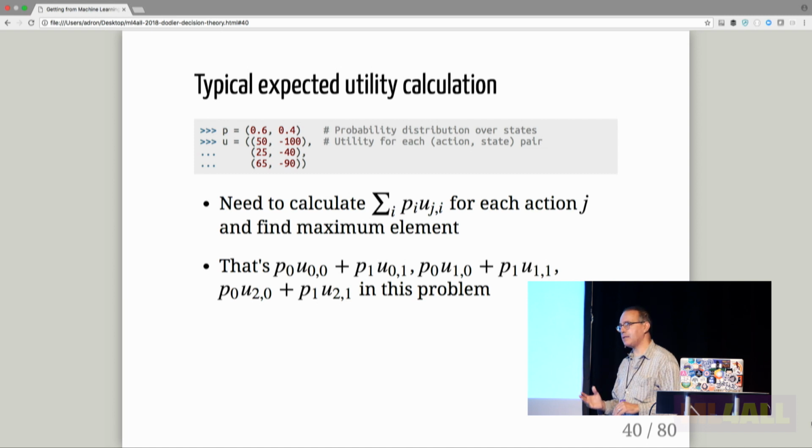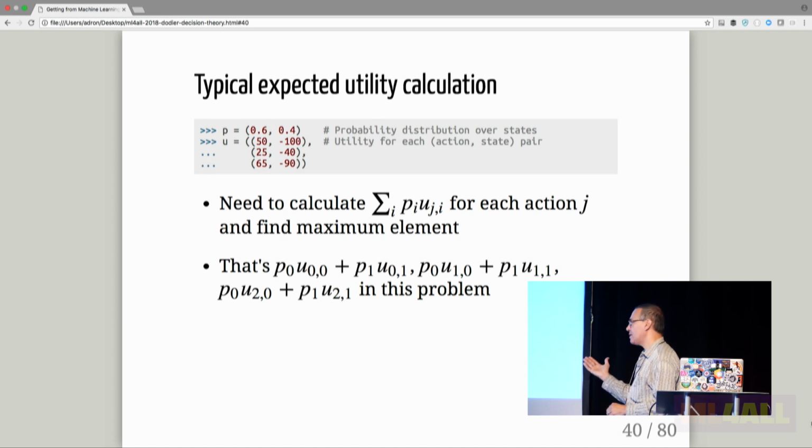So as I was saying, it's necessary to calculate this weighted sum for each of the actions, that is to say, each of the rows, and find the maximum element. And then that's going to be our recommendation of what the rational action is.